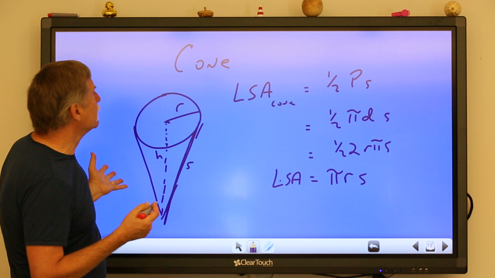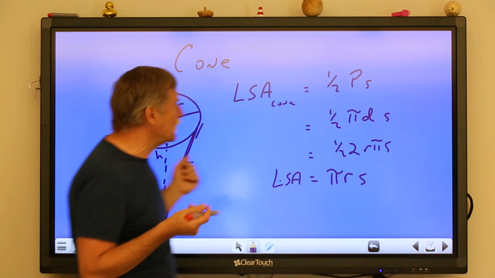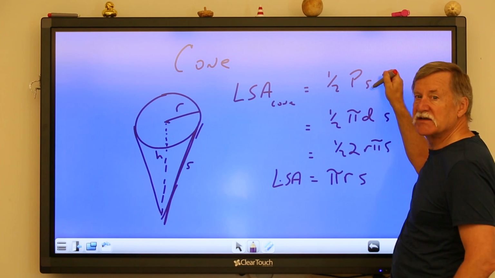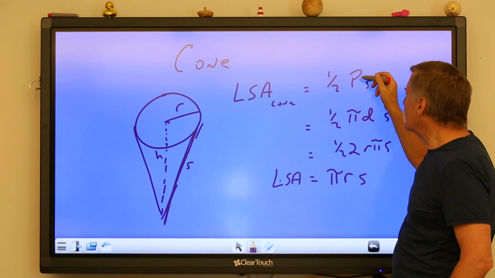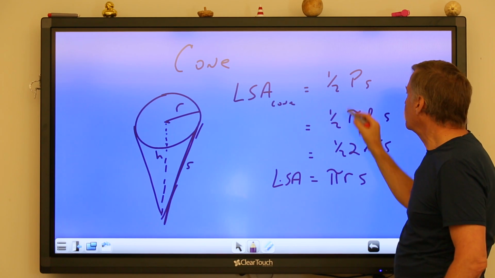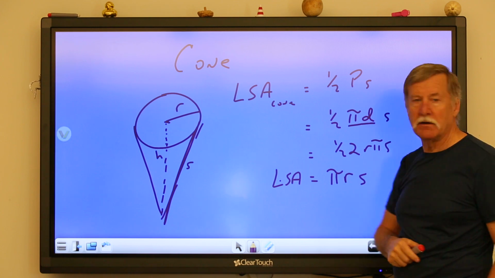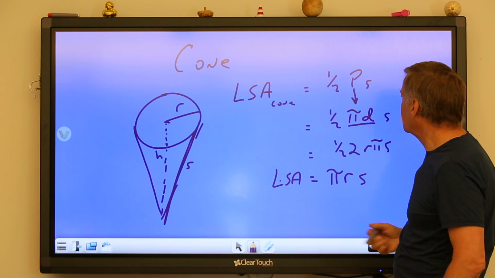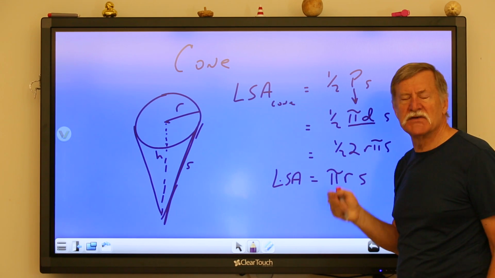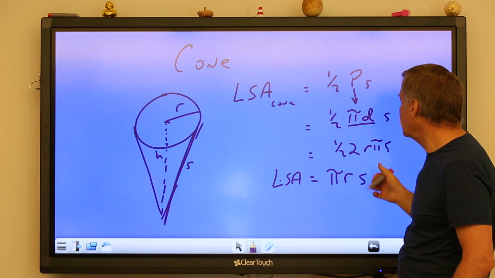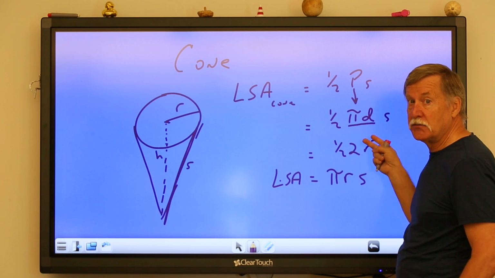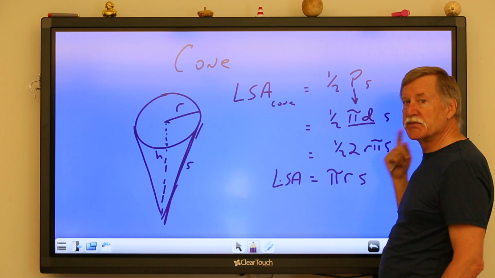So the idea is, what formula can we use here? If we start off with 1/2 the perimeter times the slant height, the perimeter of the base is a circle. So the perimeter is pi times diameter. So if I substitute in for perimeter, diameter times pi, and they usually just give us the radius, so if we want to put this in terms of radius, then it's 1/2 times twice the radius, because 2 radii equal 1 diameter.